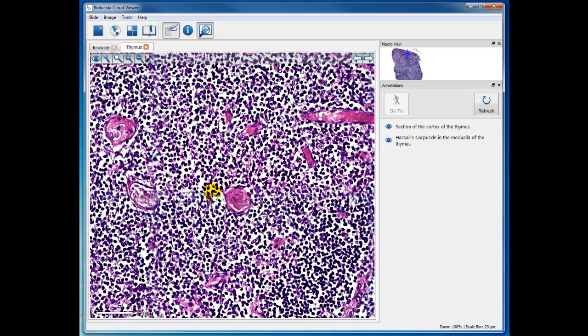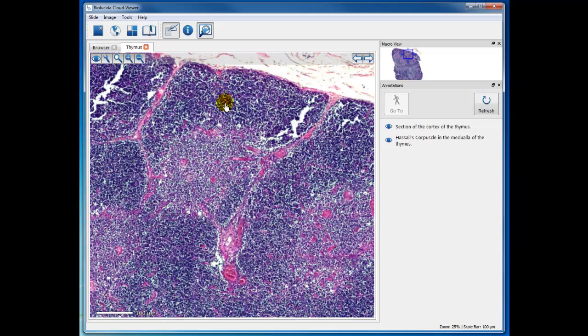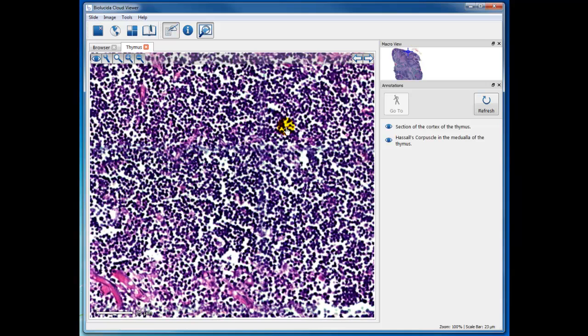These are the Hassall's corpuscles here, and all of these cells in the medulla are the naive T cells that have been processed. They're either CD4 or CD8 T cells that have been processed in the cortex. And your lecture pretty well spells out that process.